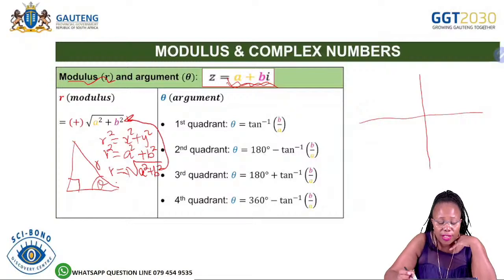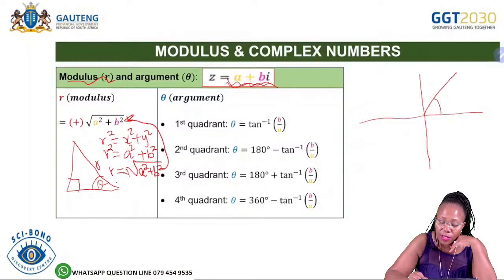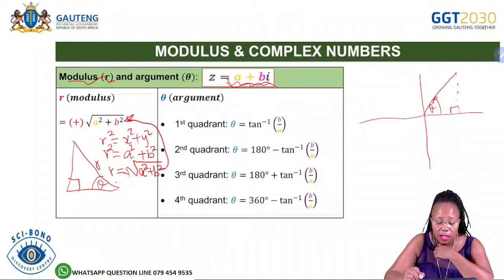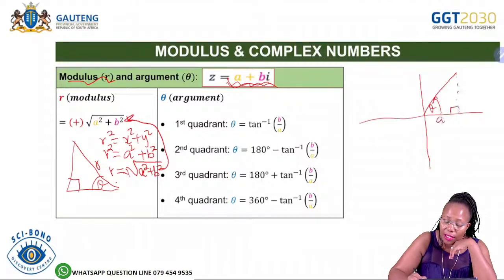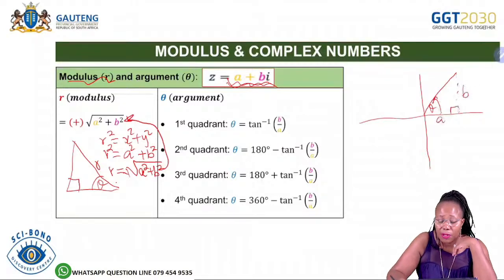When we're talking about the argument, we are talking about the theta part, our angle. If we are in the first quadrant, we'll have our diagram there, and theta will be from here to there. If we complete this triangle as a 90 degree triangle, remember we said x is represented by a and y is represented by b.